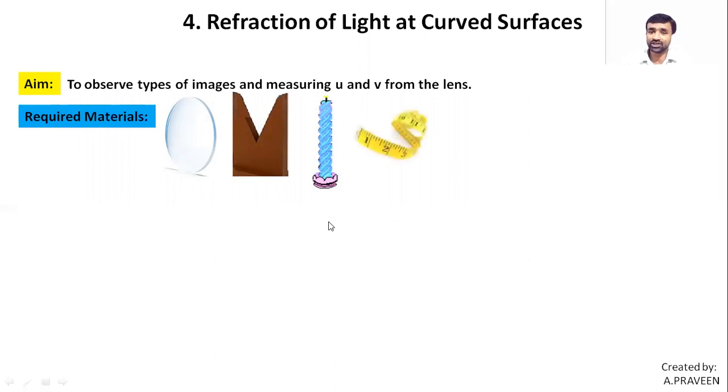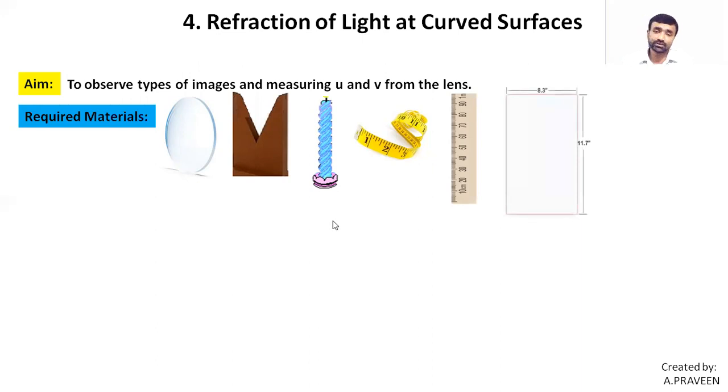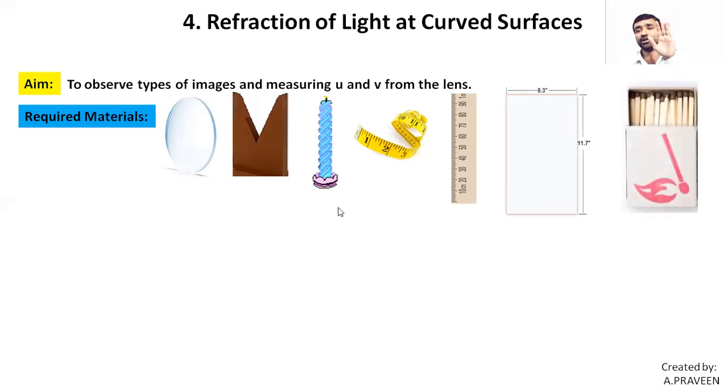Then to measure the distances, I require a meter scale or a tape. Then to light the candle and to observe the image, you need a screen and a matchbox. To observe the real image, we need a paper, and to light the candle, I need a matchbox. These are the minimum required materials.